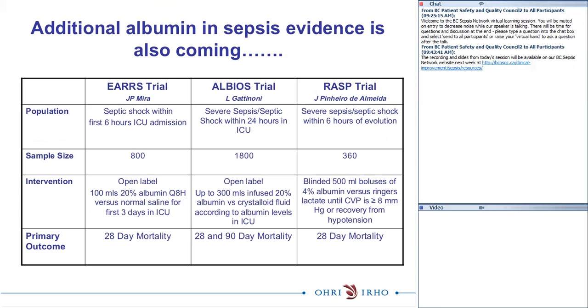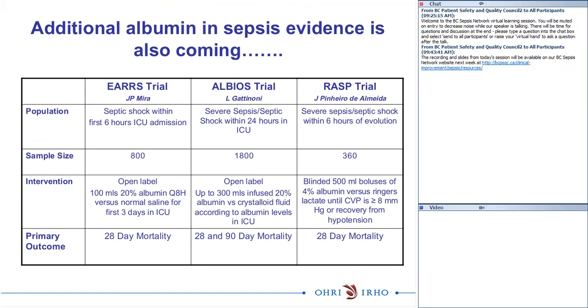So there is additional albumin and sepsis data or evidence coming. Two large trials, one is the EARS trial and the other is the Albius trial, conducted in France and in Italy, respectively, have been completed.